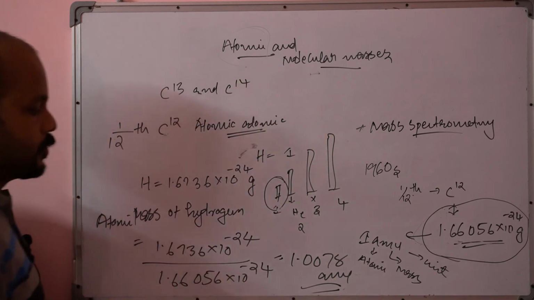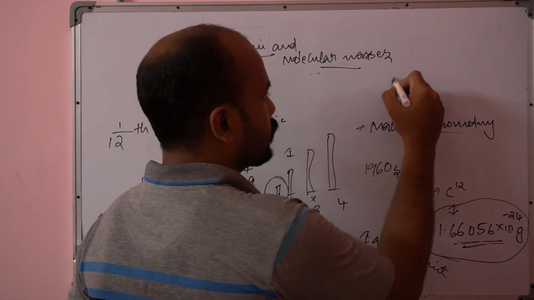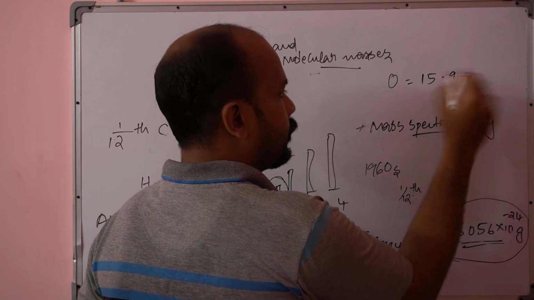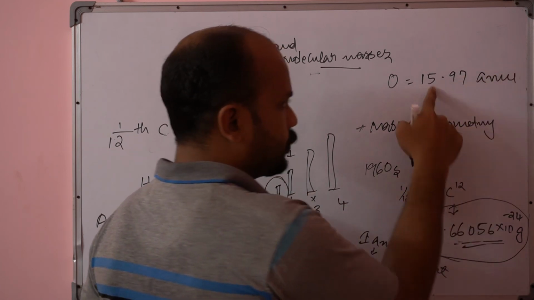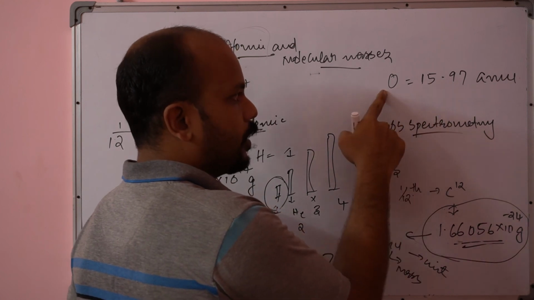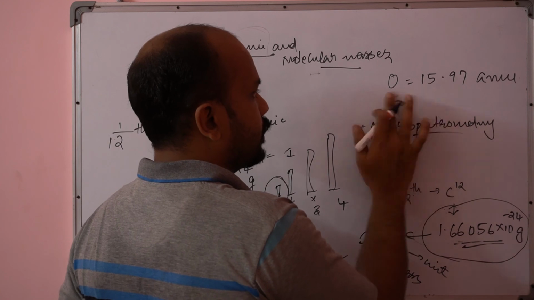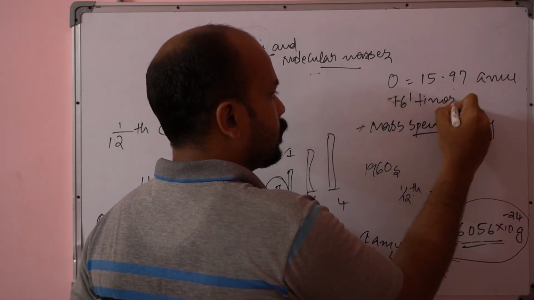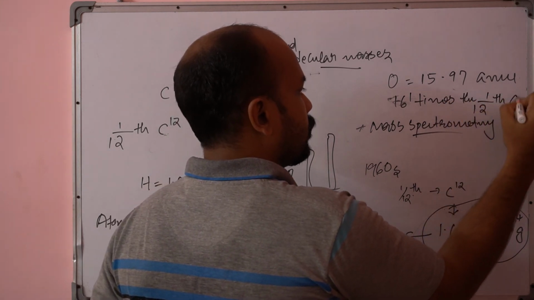If you take the atomic mass of oxygen, it is around 15.97 atomic mass unit. This means the mass of oxygen is almost 16 times the mass of 1/12th of carbon 12.